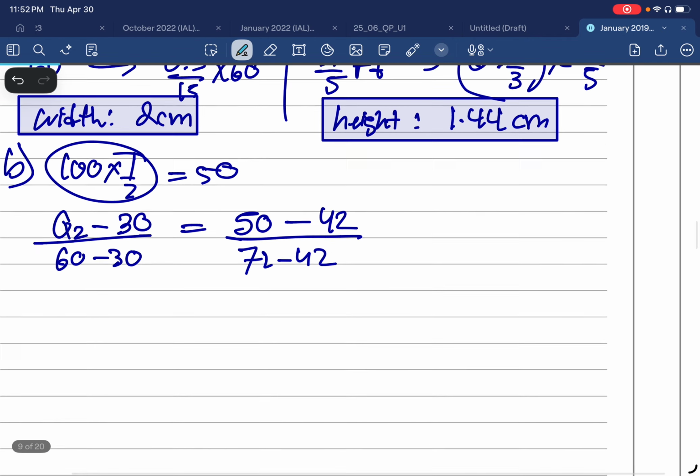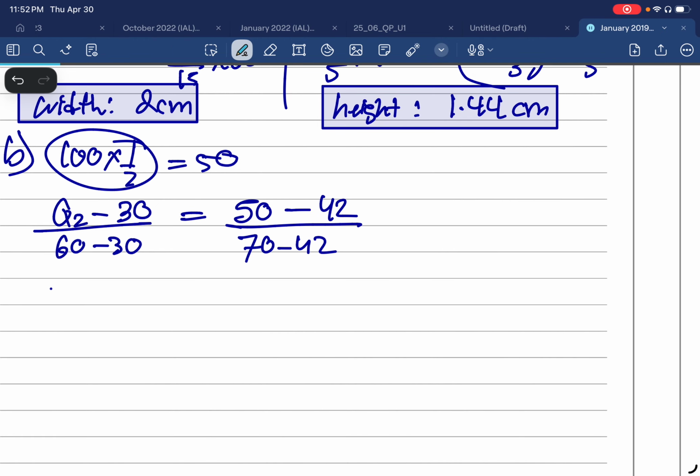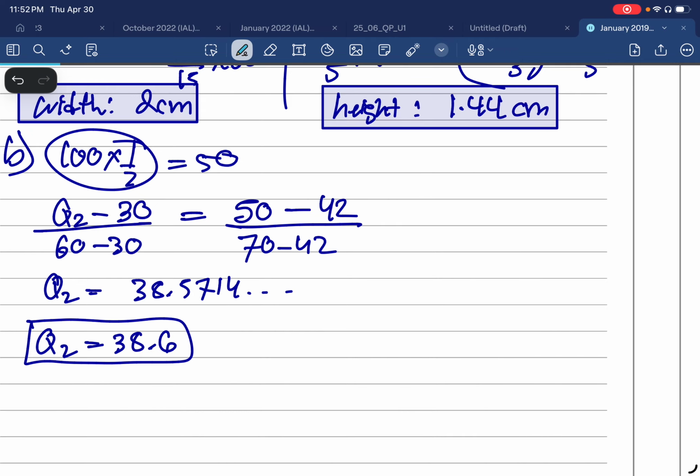So we can find the Q2 directly. I'm just going to put this in the calculator. 50 minus 42 over 70 minus 42, times 60 minus 30, plus 30, which gives us a value of 38.5714 and so on. So you can say 38.6 to 3 significant figures.